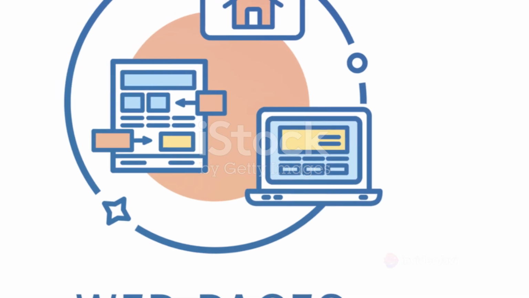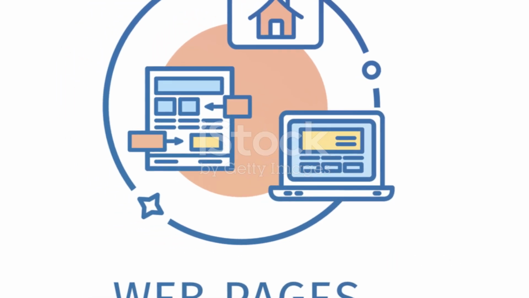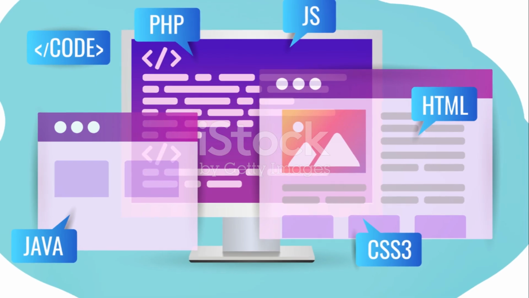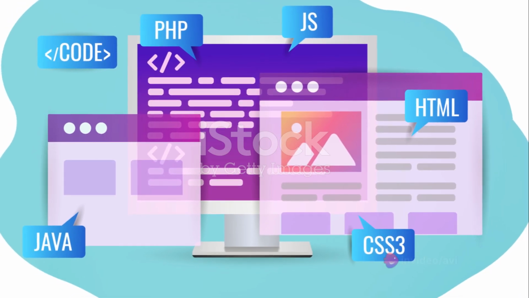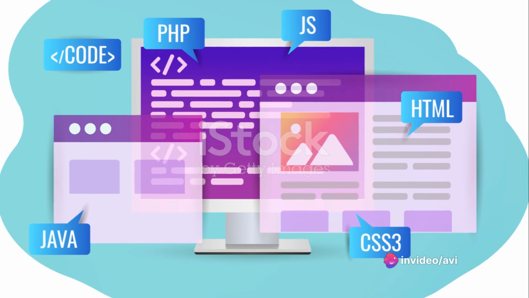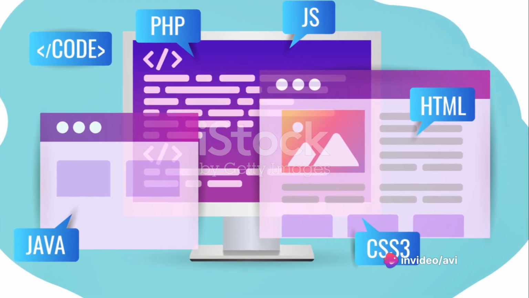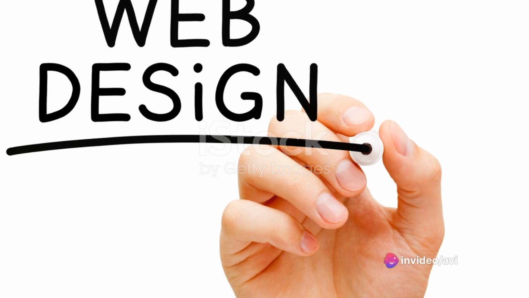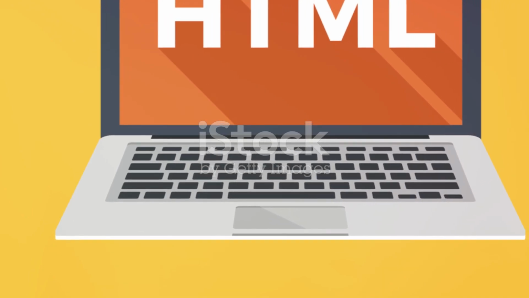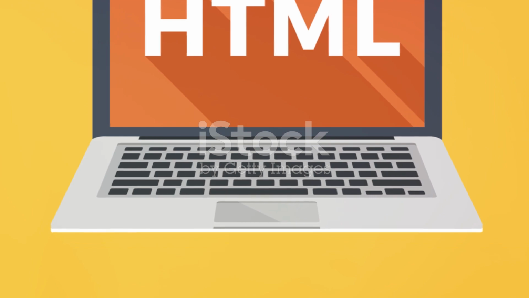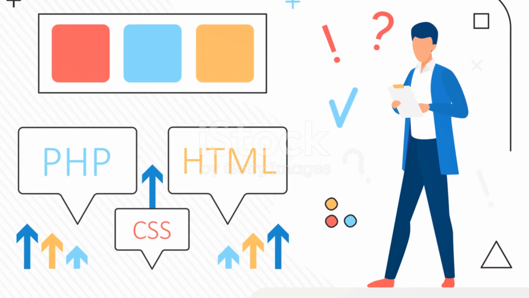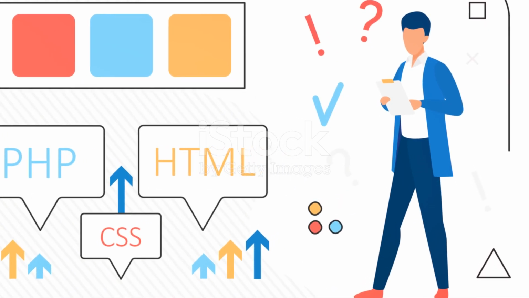And what is a web page, you ask? It's a document, typically written in HTML, that your web browser translates into the websites we see. HTML's role in creating both static and interactive web pages is truly a marvel of modern technology. Next time you click on a link or visit a web page, remember the amazing technology behind it. That's HTML for you, the building block of the web.